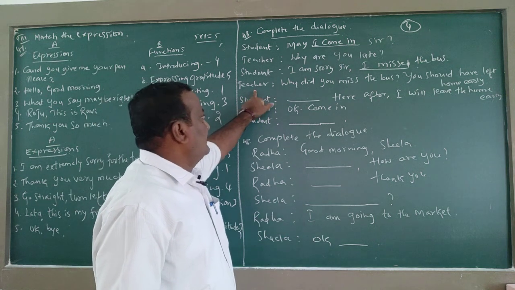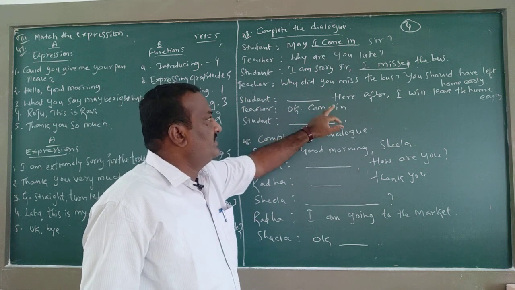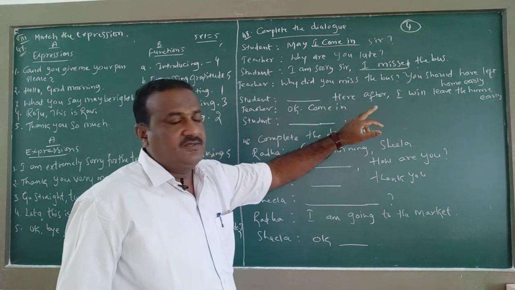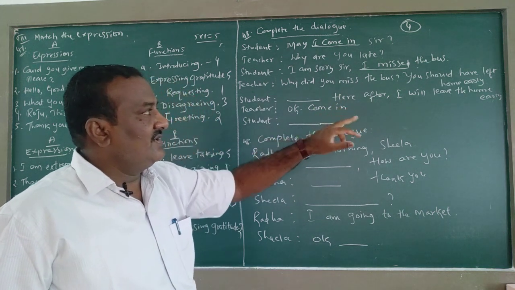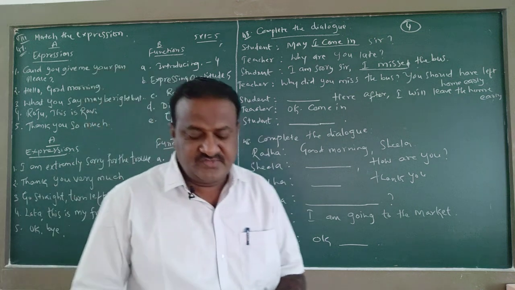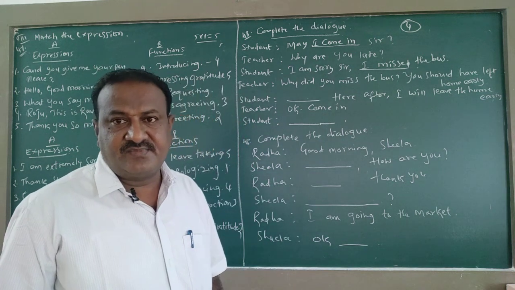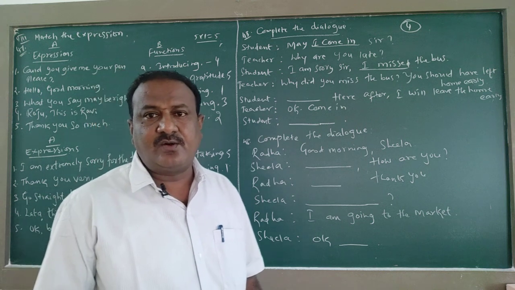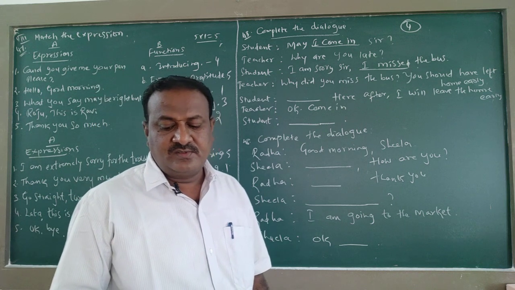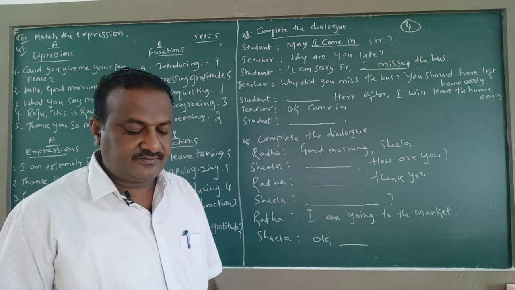Then teacher: Why did you miss the bus? You should have left home early. See, that is the question here. Why did you miss the bus? You should have left home early.